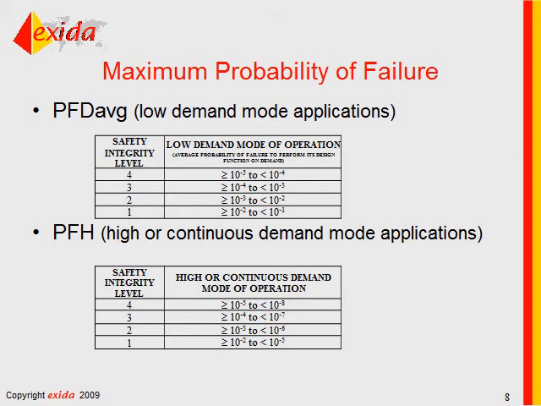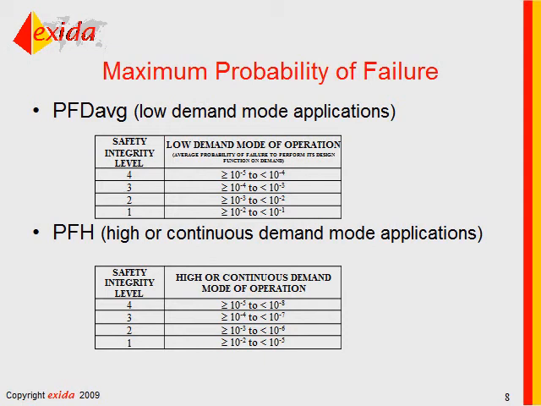The random failure protection or hardware reliability probabilistic approach is expressed in a couple of different methods, but one of the requirements is that your specific safety instrumented function meets a certain maximum probability of failure requirement for a given SIL level. If we talk about the average probability of failure on demand, which is the metric applicable for low demand mode applications, a SIL 1 requirement means that my average probability of failure on demand needs to be less than 10 to the minus 1, or less than 0.1.